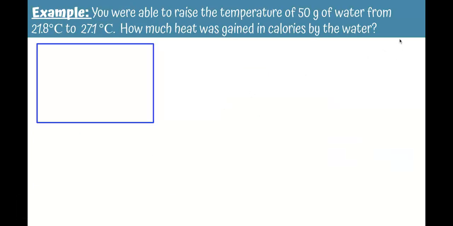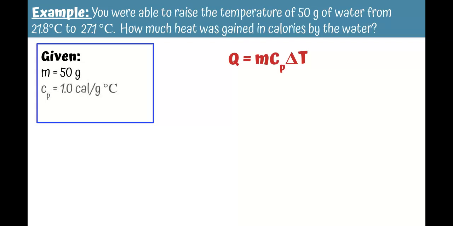So one example here, you're able to raise the temperature of 50 grams of water from 21.8 degrees Celsius to 27.1 degrees Celsius. How much heat was gained in calories by the water? Okay. So what we're given, we know the mass of the water is going to be 50 grams. We know that the specific heat of water is going to be 1.